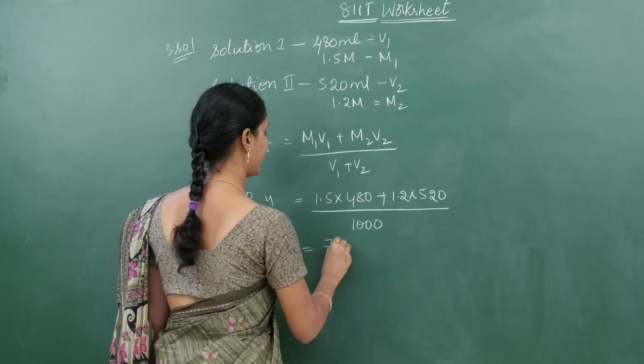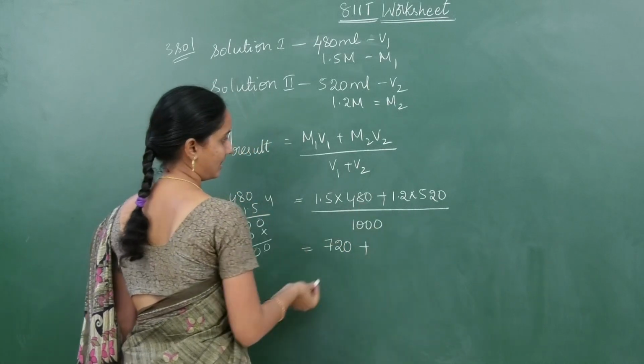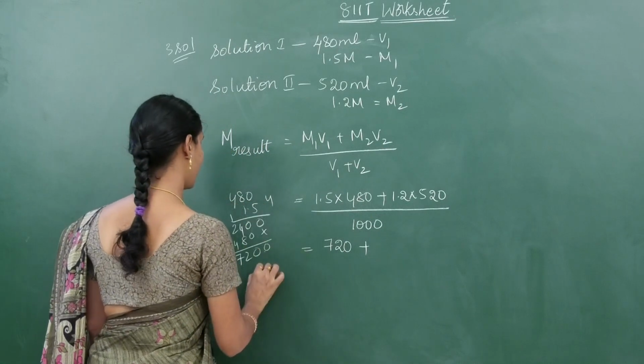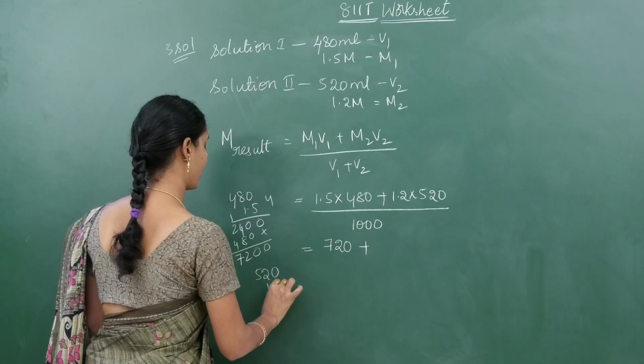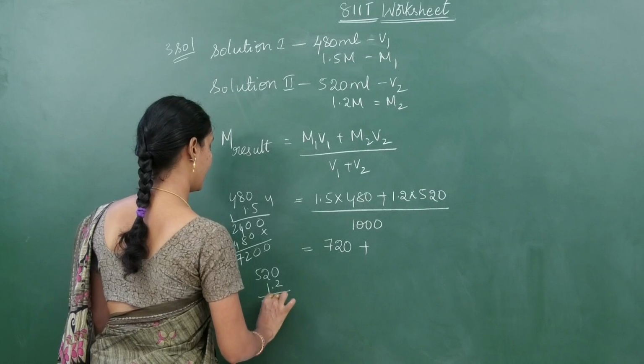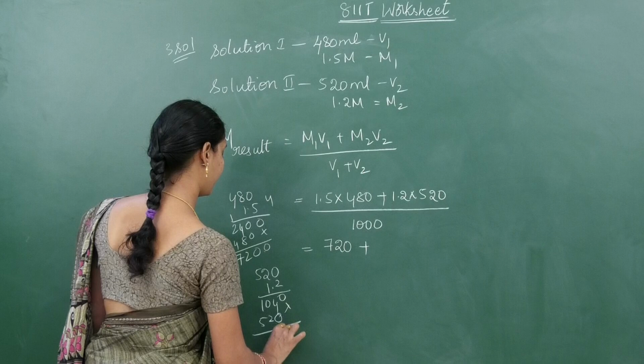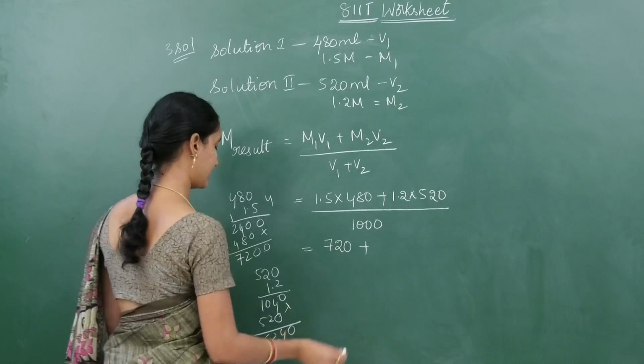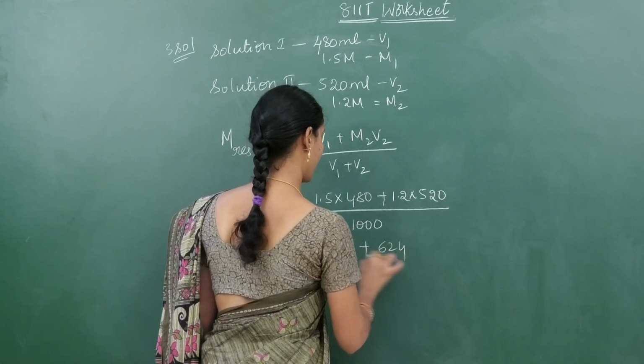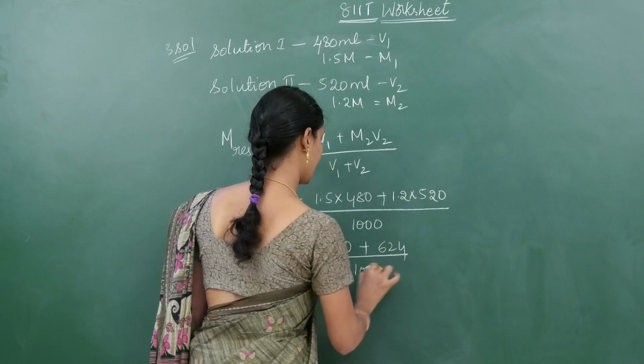So it is 720 plus 1.2 into 520. You have to do 520 into 1.2, which is 624, and 624 by 1000 it is.